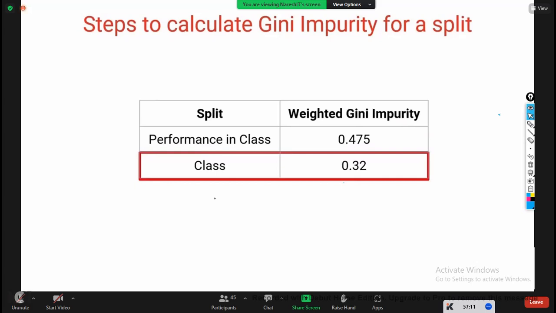What is the criteria to select the root node? That is the question.